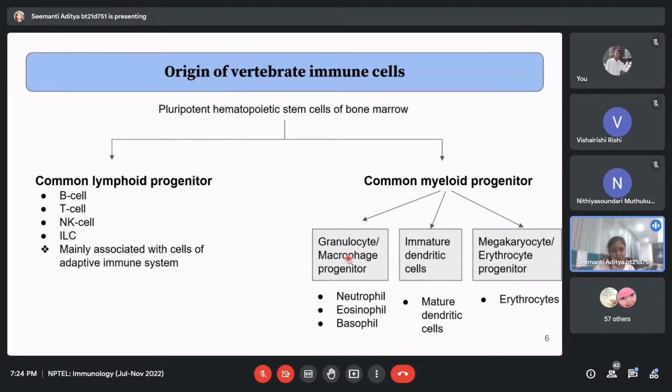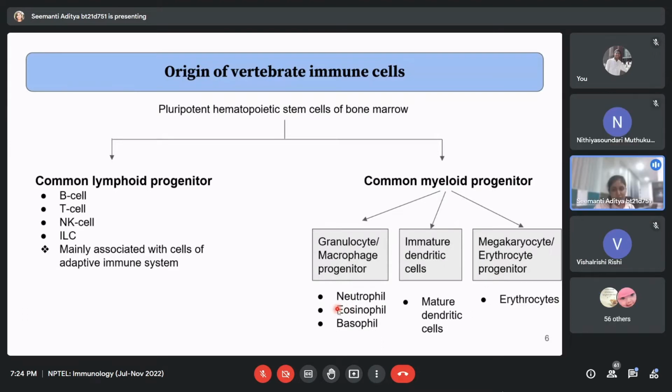And common myeloid progenitor cells can again be divided into two categories: granulocyte or macrophage progenitor cells, and megakaryocyte or erythrocyte progenitor cells. So granulocyte or macrophage progenitor cells will be responsible for the origin of neutrophils, eosinophils, and basophils, whereas megakaryocyte or erythrocyte progenitors are responsible for the development of erythrocytes.